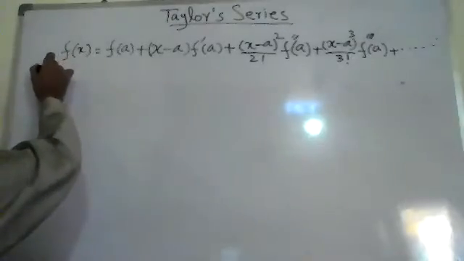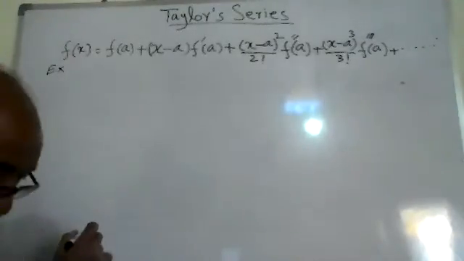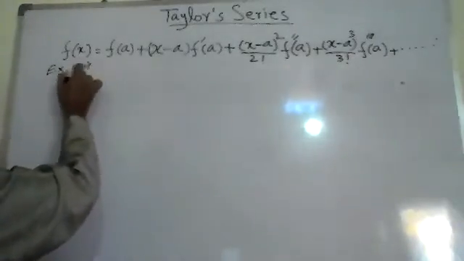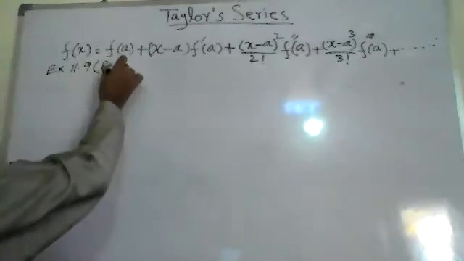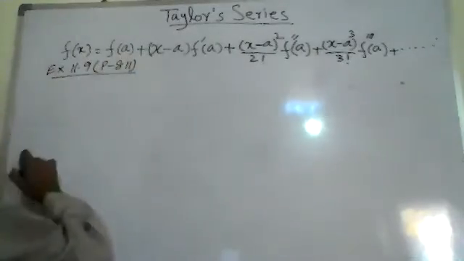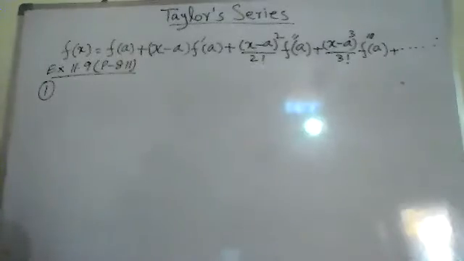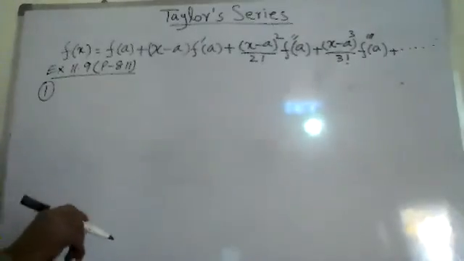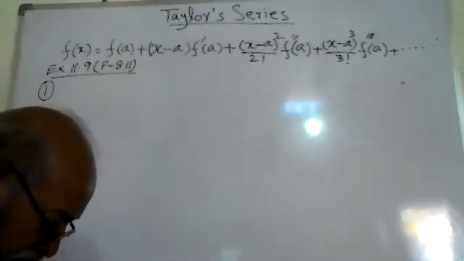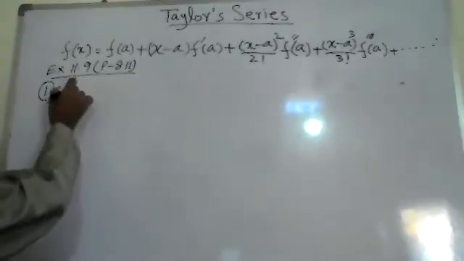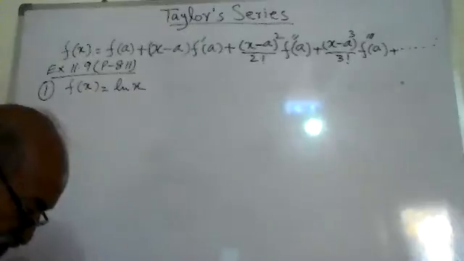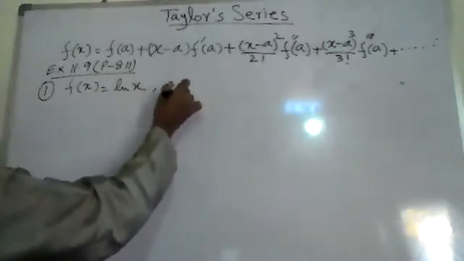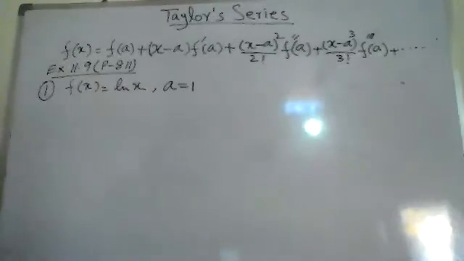Exercise 11.8, page 811, question number 1. f of x is equal to ln x at a is equal to 1.